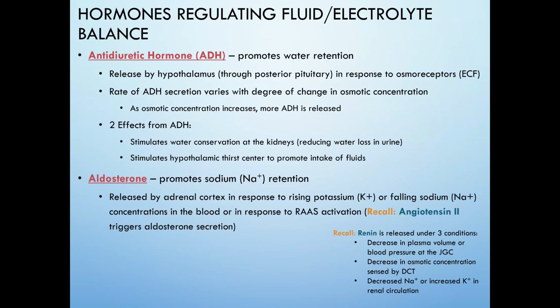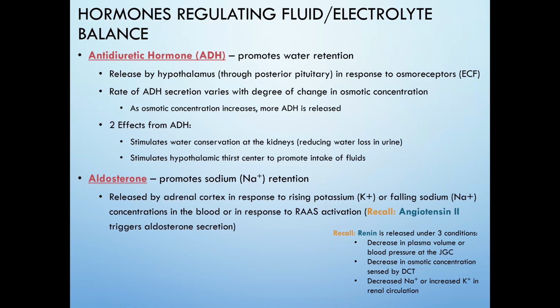And also, as a reminder, renin, which kicks off the RAAS pathway, is released under three conditions: whenever you have a decrease in plasma volume or blood pressure at the juxtaglomerular complex, whenever a decrease in osmotic concentration is sensed by the distal convoluted tubule, or whenever there is decreased sodium or increased potassium in the renal circulation.